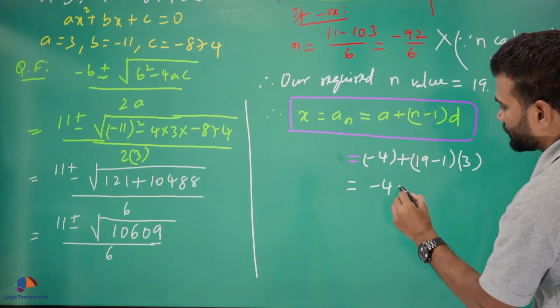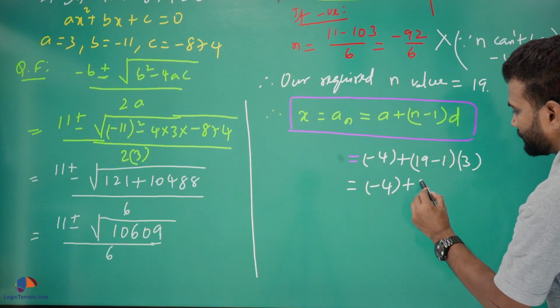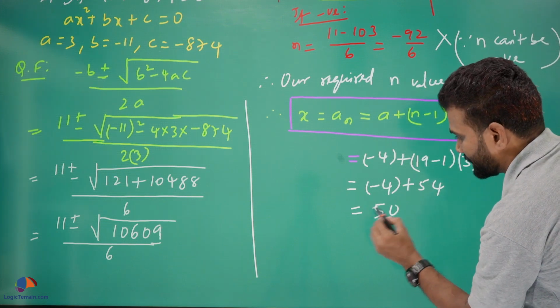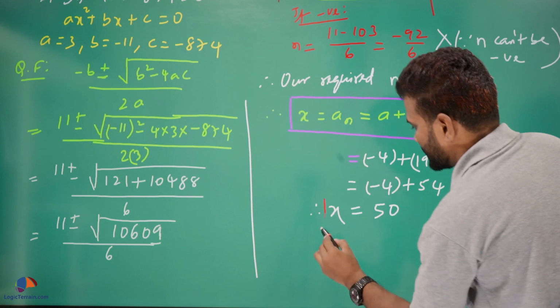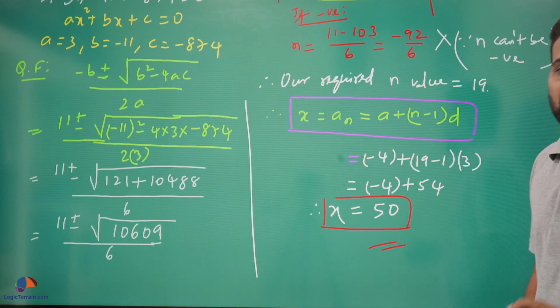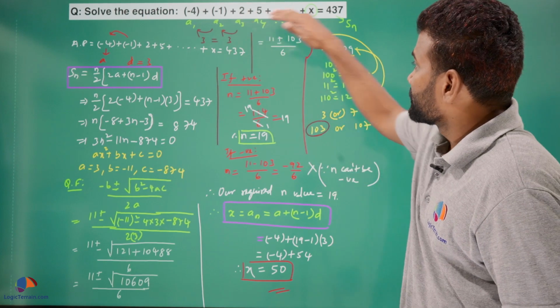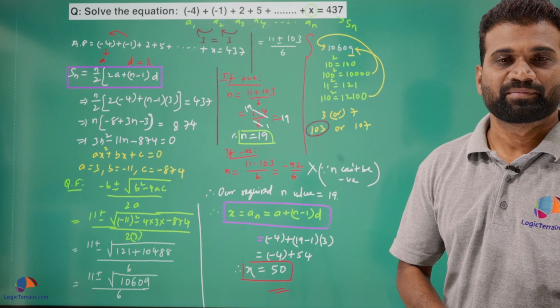So negative 4, 19 minus 1 is 18, 18 3s are 54, plus 54, negative 4, this becomes 50. Therefore x is equal to 50. So which means our required x value is 15. Therefore the solution for the given equation is x equal to 15.